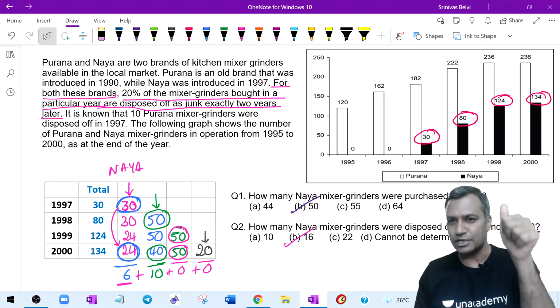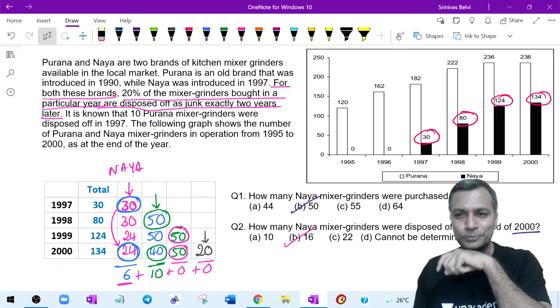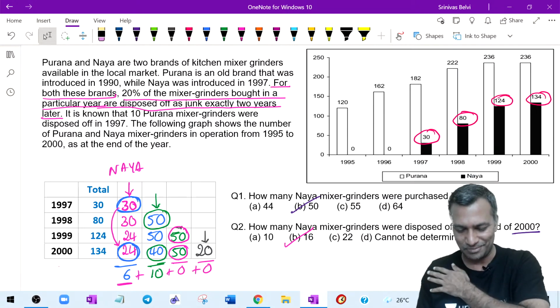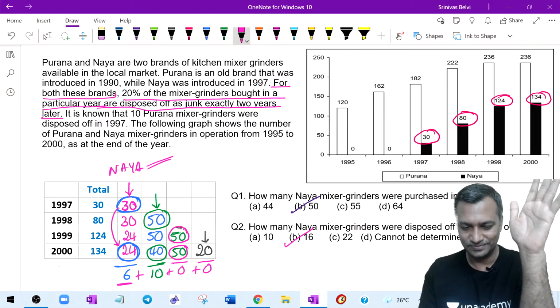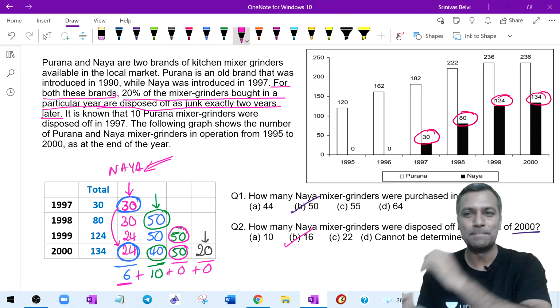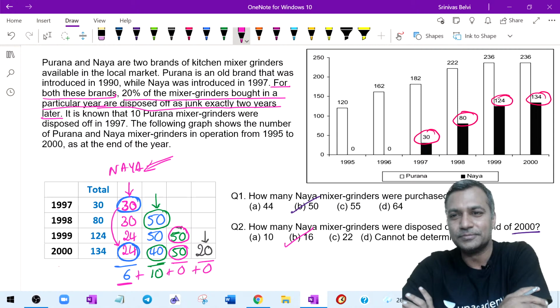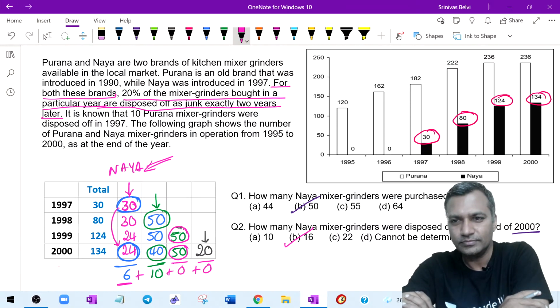Give a quick thumbs up that you got it because I have some surprise for you. So if you got it, then I will give a surprise. You got this? You got this? Naya's story is clear. The story of Naya is clear, everyone. Mohak, that is right. What you said is right. Yeah.